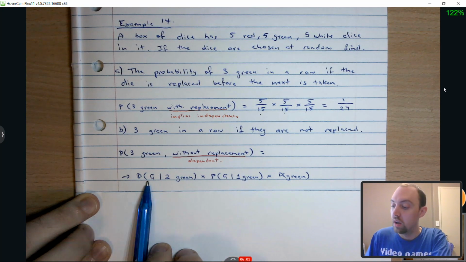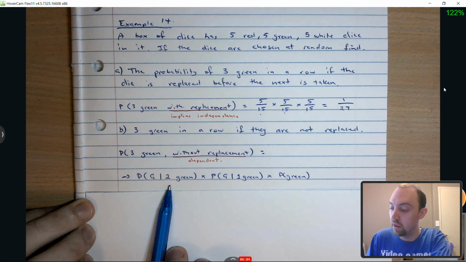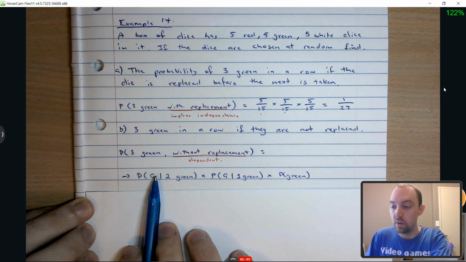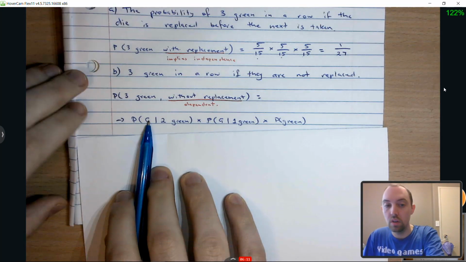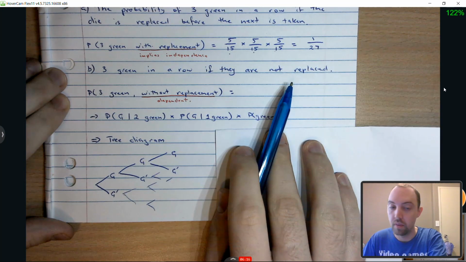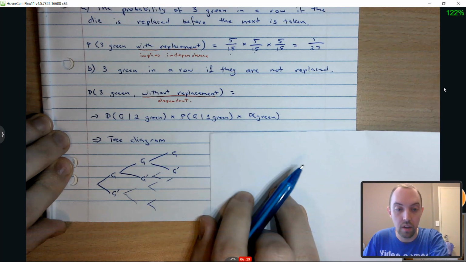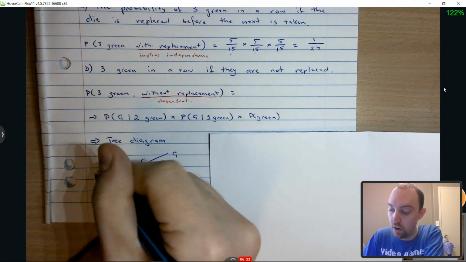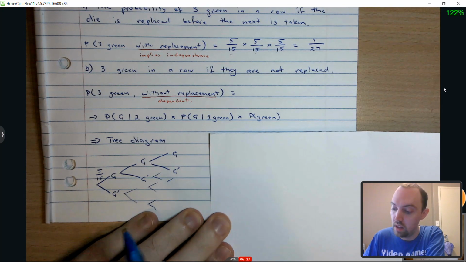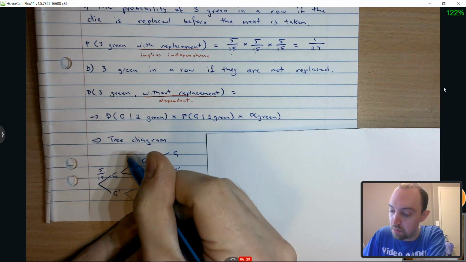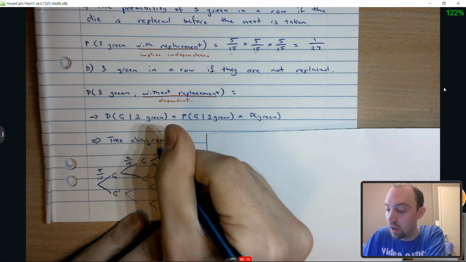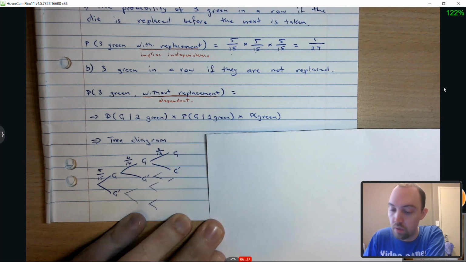So that's our conditional probability formula that we've been using last lesson. But we can look at this in a couple of different ways. We can look at this as a tree diagram, if we would like. As the probability of green changes, it starts out as 5 out of 15, then we take a green, which means we've got 4 out of 14, then we take another green, which is 3 out of 13.